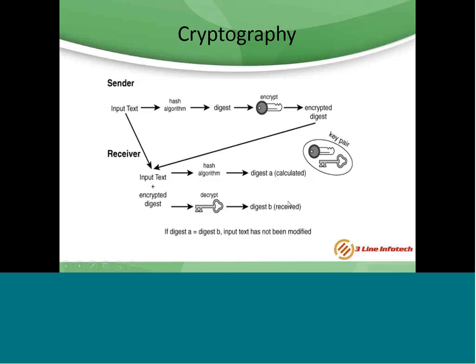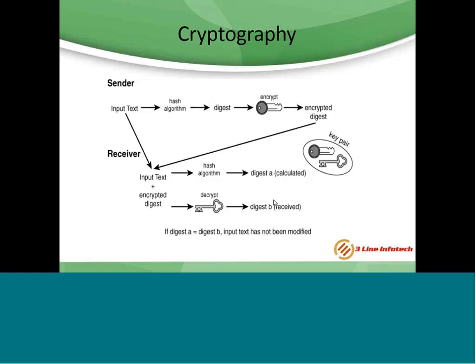Then DataPower is going to compare these two values, digest A equals digest B. If both are the same, then I can say my message is safe and no one has modified my message. That's how we are going to implement cryptography.